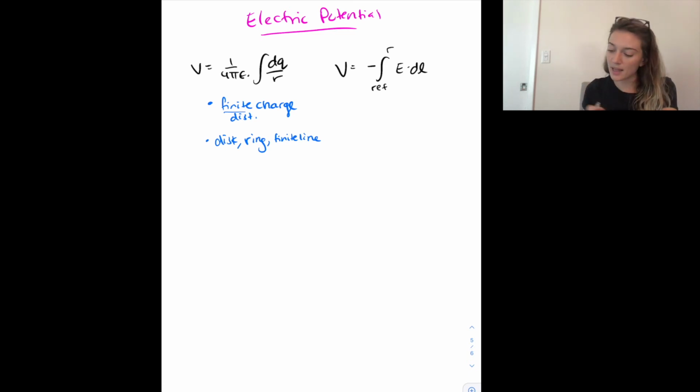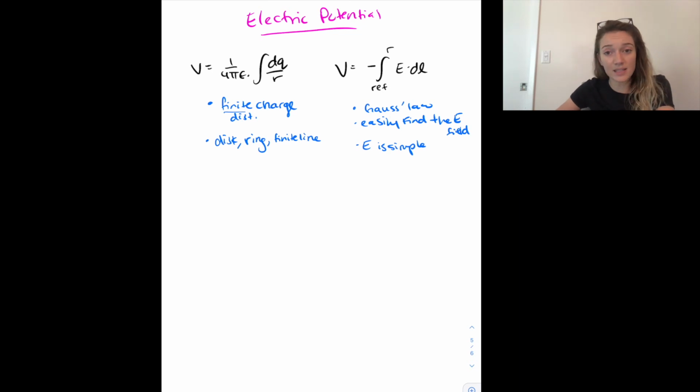Now, the other method, where you integrate over the electric field to find the potential, you would want to use if the electric field is easy to solve for, basically. So in problems where you can use Gauss's law and you can easily find the electric field, that's when you'd want to use this, or where the electric field is very simple.